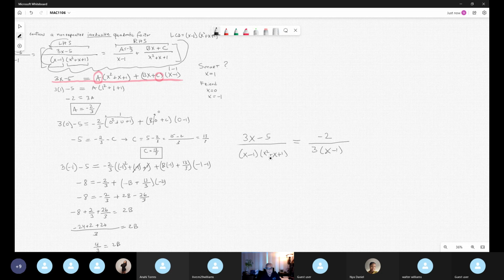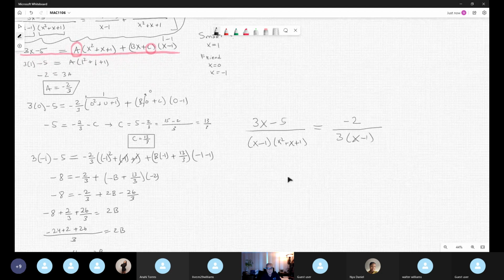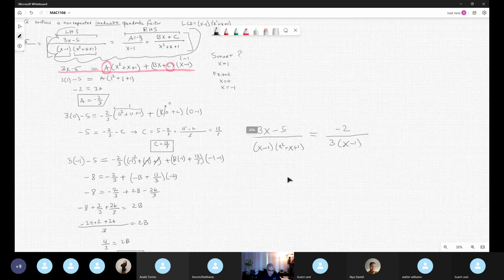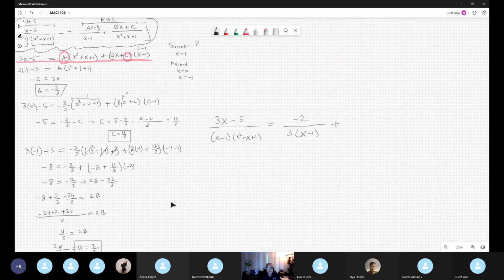Remember, it's a fraction. Okay, this is the last problem that we are doing because the rain is too heavy. Plus B is 2/3 times 2x.